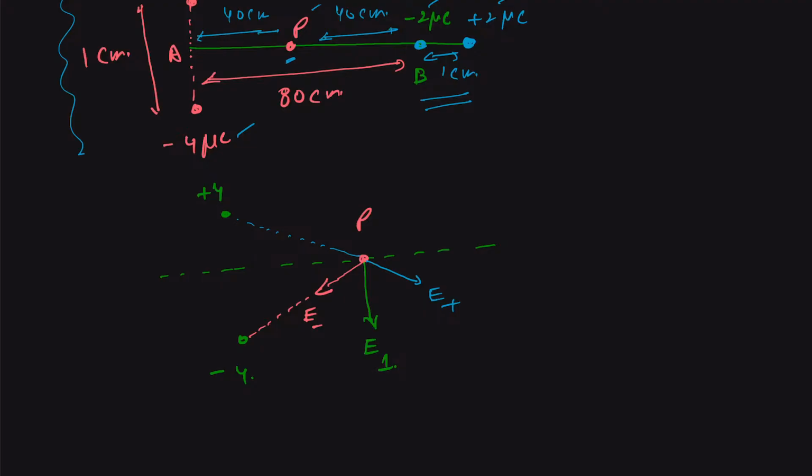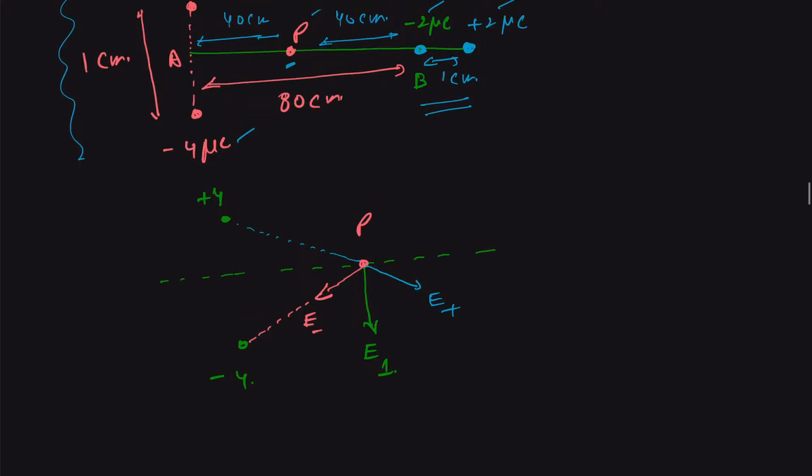And then we have this -2 and +2. So this is our -2. So the electric field because of this will be along this direction. So this is our E minus, so this will be E +4 and this is +4, and let me call this E4.